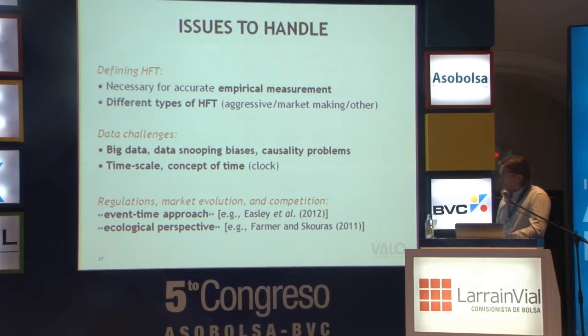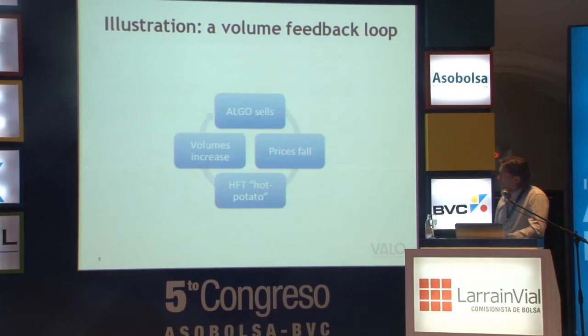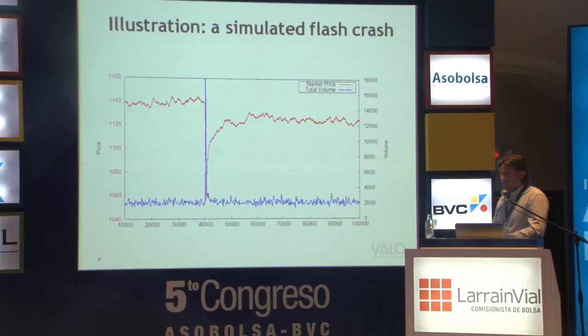For instance, in our simulation we assumed that all the HFT players were the same, or set their quotes in the same way. But when you add heterogeneity among the HFT players, you will probably decrease the probability of something like this happening.